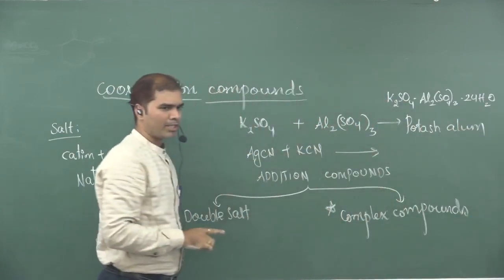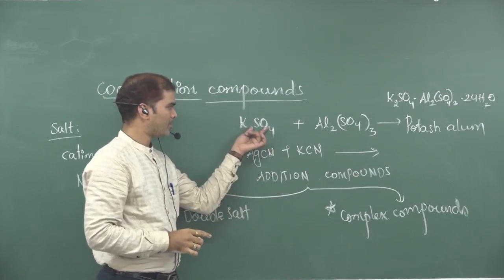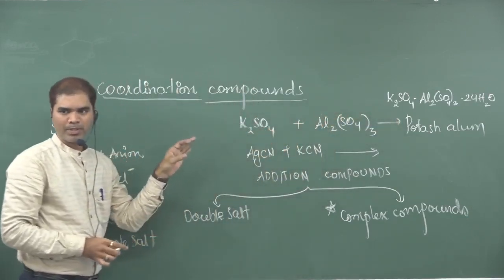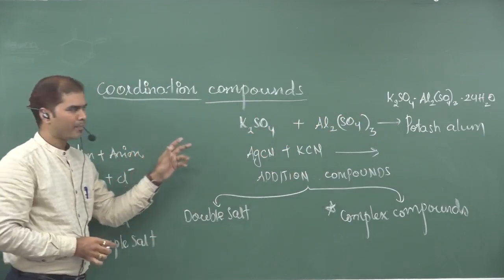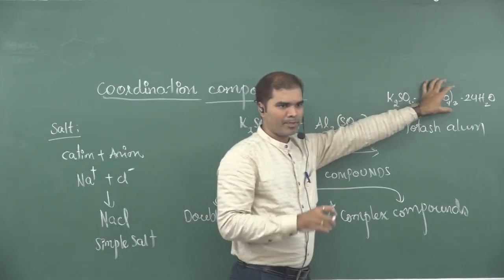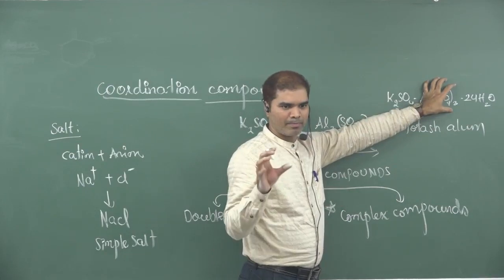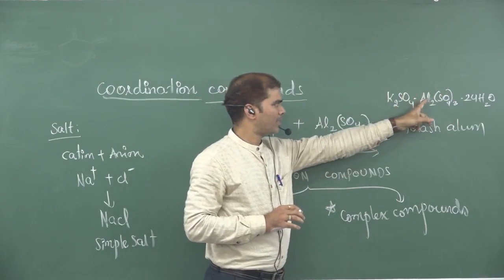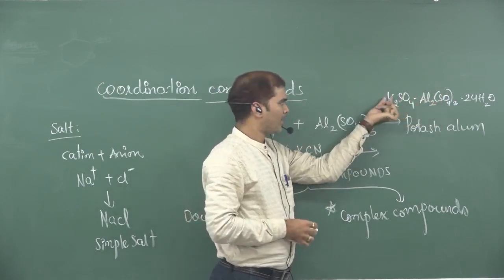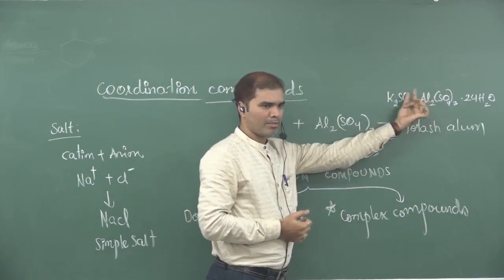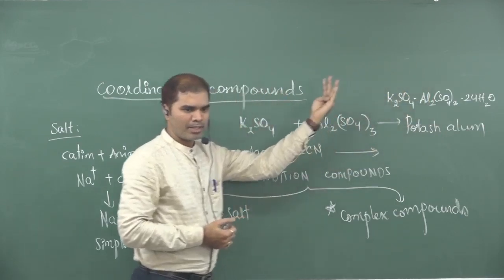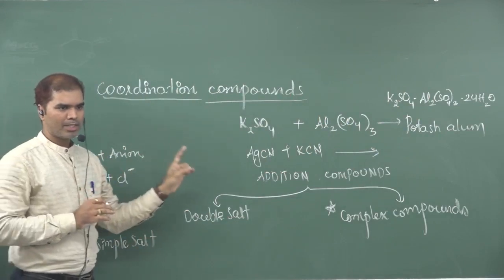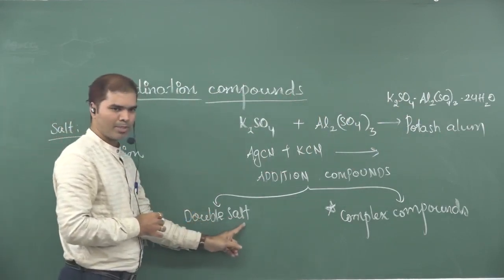If I put potassium sulfate and aluminum sulfate in water, I will get a compound called potash alum. When I redissolve it in water, I will get the corresponding cations as well as anions. It means I will get 2 potassiums, 2 aluminiums and also 4 sulfates. If you get all the corresponding cations and anions, such an addition compound you call a double salt.